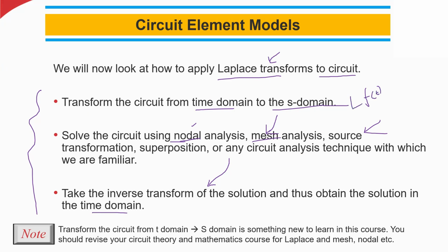You make the Laplace transform and get the same output function in the s domain. Now I have to make the inverse Laplace transform, and then again I get the original function in the time domain. This is just to analyze the output function.